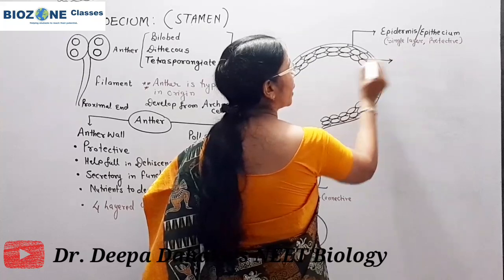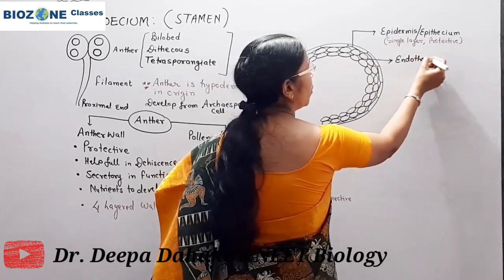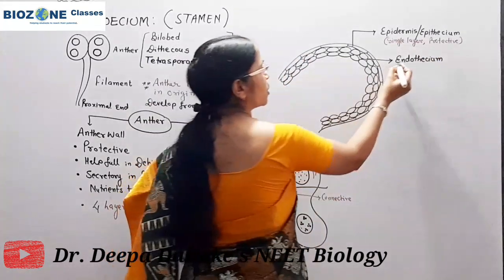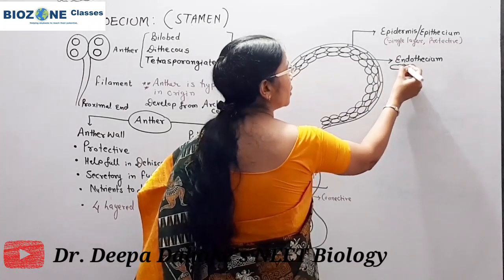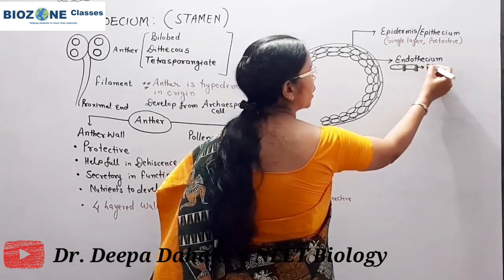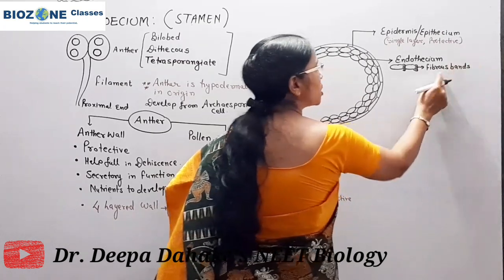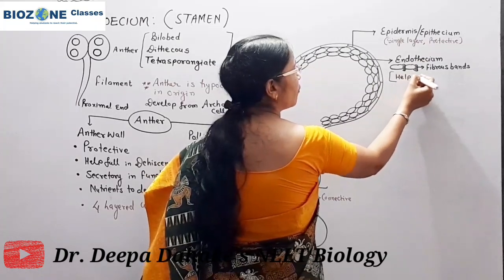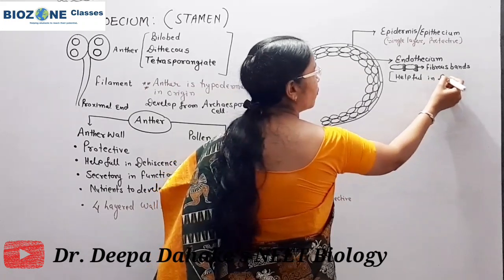This second layer is called the endothecium. Now remember the characteristic feature of the cells of endothecium. Suppose these are two adjacent cells; the cells of endothecium show the presence of elastic bands or fibrous bands, and because of the presence of these fibrous bands, endothecium plays a significant role in the process of dehiscence.